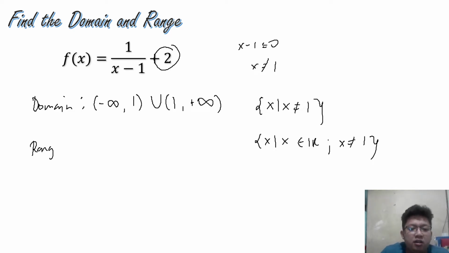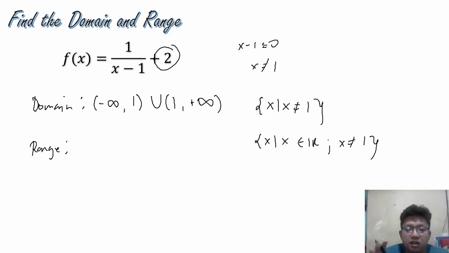For the range, we need to find the value of x from the given function. Sometimes they interchange the positions of x and y, and then find the value of y. But for me, instead of interchanging the variables, we can directly derive the formula for x.